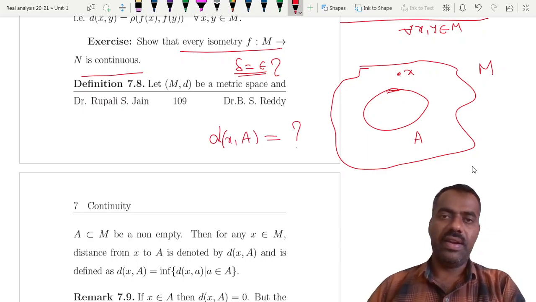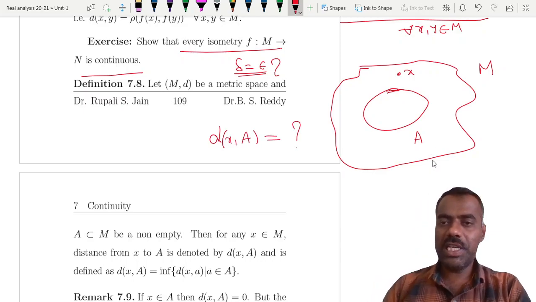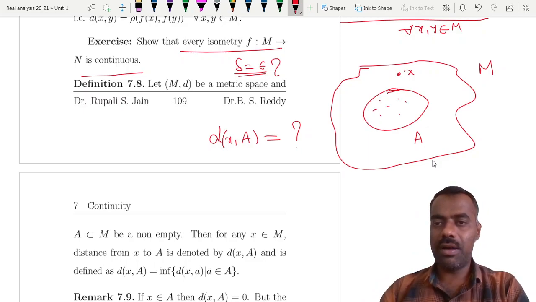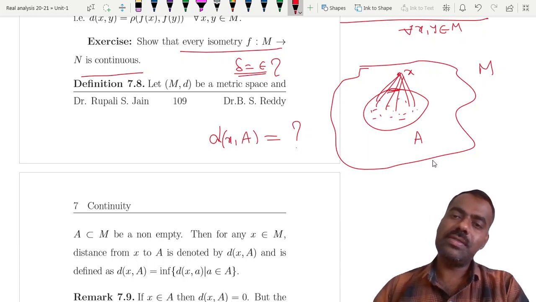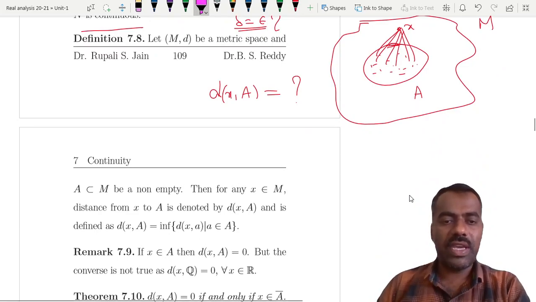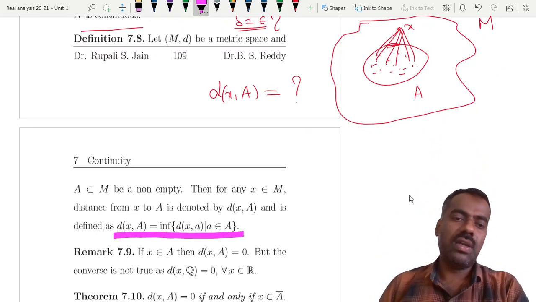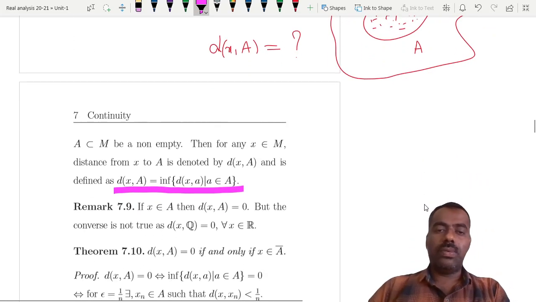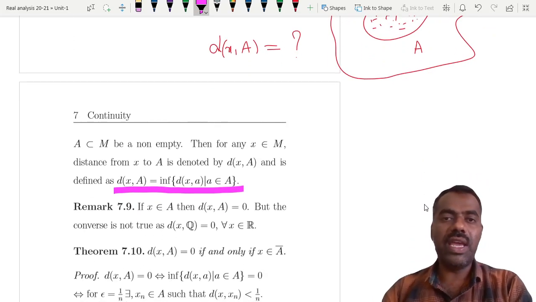The sense is to find the distances between x and every point a, and find the smallest one, that means the infimum. So the distance between x and A we can define as the infimum of the distance between x and a, for every a in A.